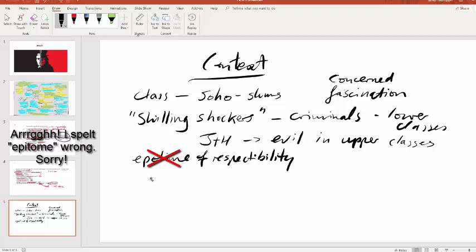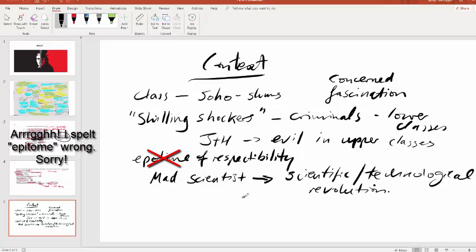He also represents this idea of the mad scientist, if you can put it that way, the scientist that is pushing the boundaries, and is therefore a kind of symbol of the scientific and technological revolution that was going on at the time. Like any revolution, it leaves people feeling uncertain and worried. So that was something else that is explored through the character of Jekyll, who, if you remember, is supremely confident to begin with.